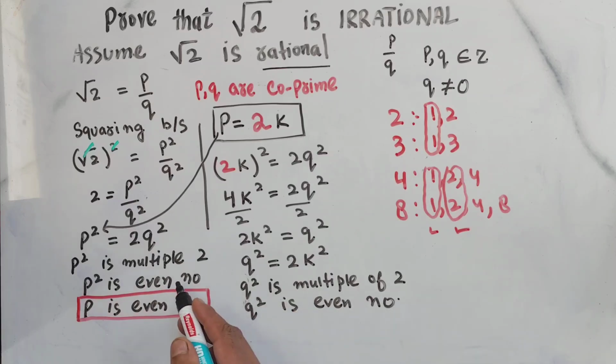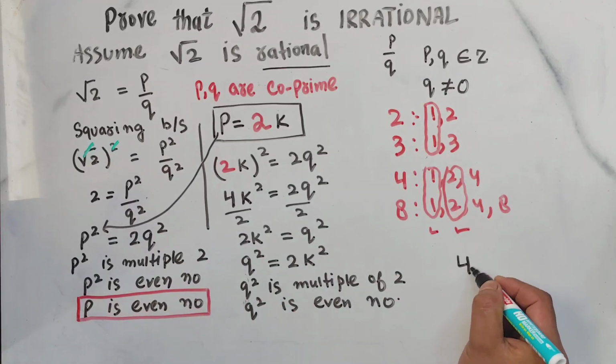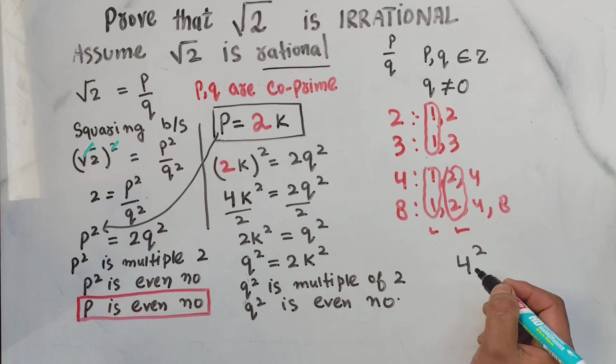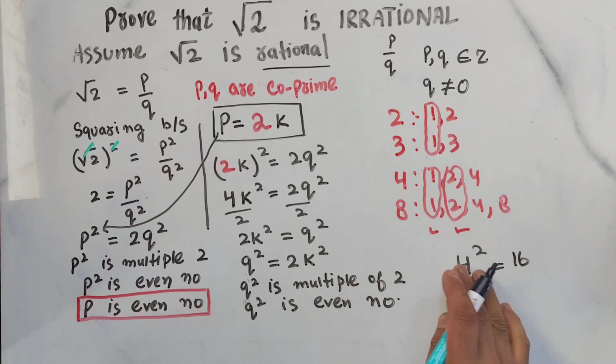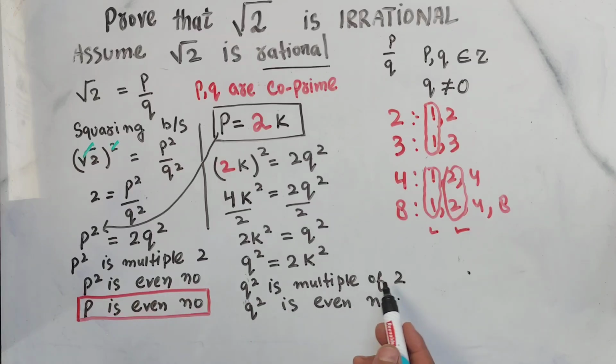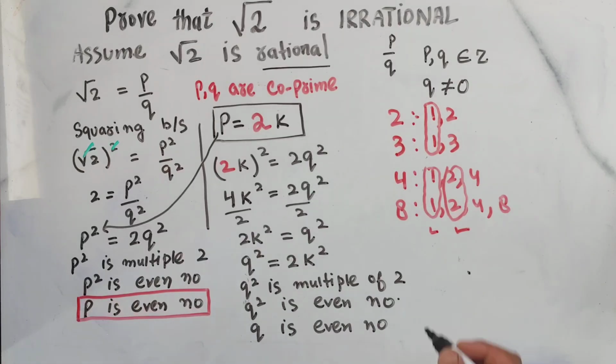As I have explained earlier, if we have 4 square, 4 is even, so the square of an even number is in fact even. Here you can see we get 16. So if q square is a multiple of 2, meaning q square is an even number, it implies q is also even. Q is an even number.